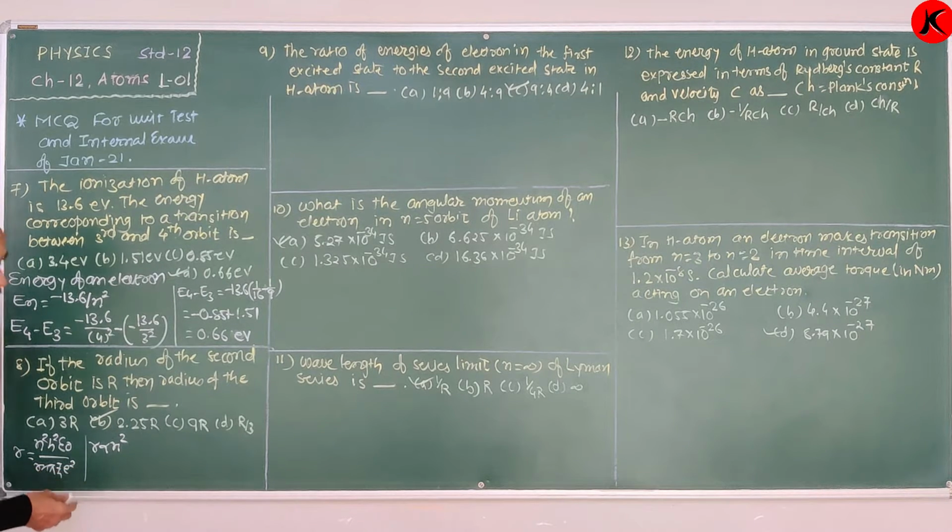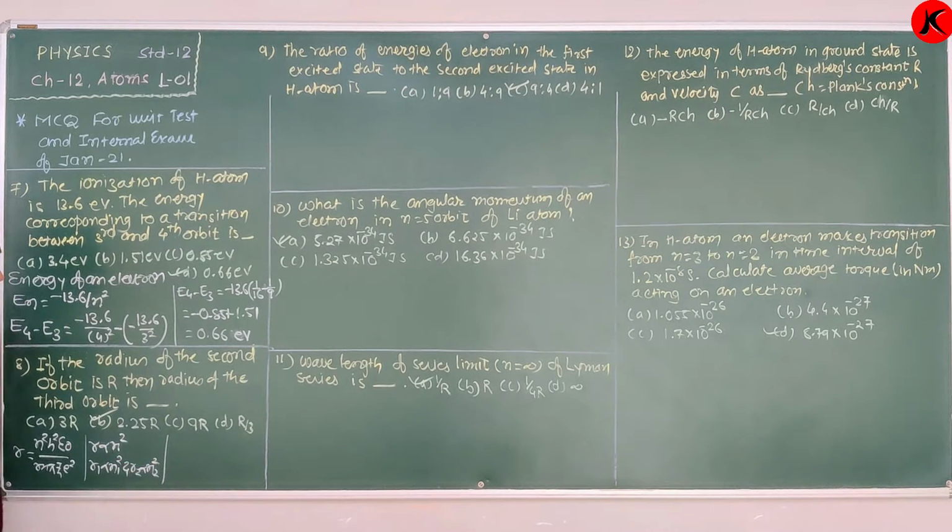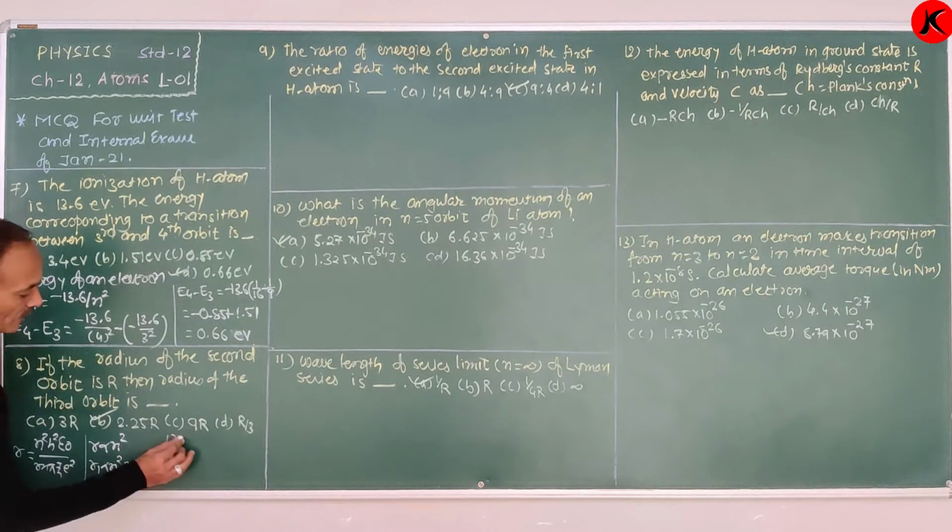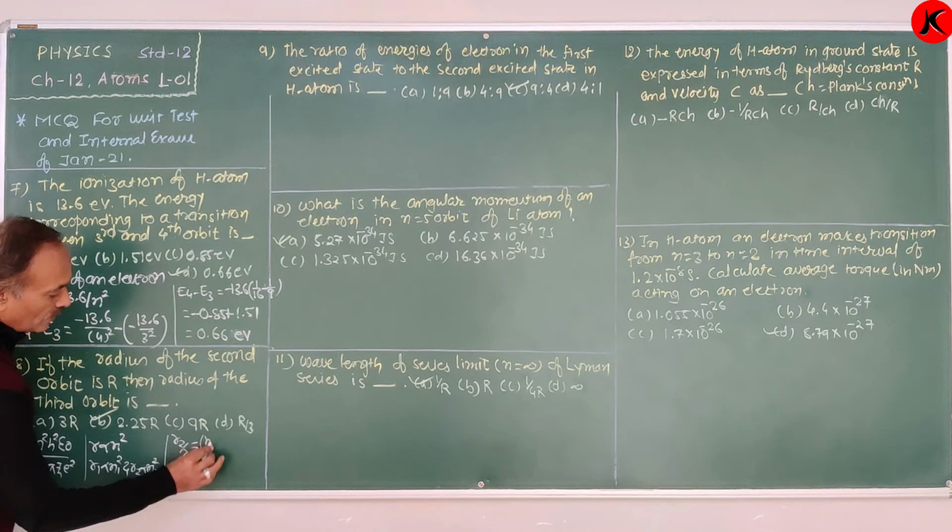Therefore, R1 is proportional to N1 square and R2 is proportional to N2 square. Therefore, the ratio of the radius R2 upon R1 is equal to N2 square upon N1 square.